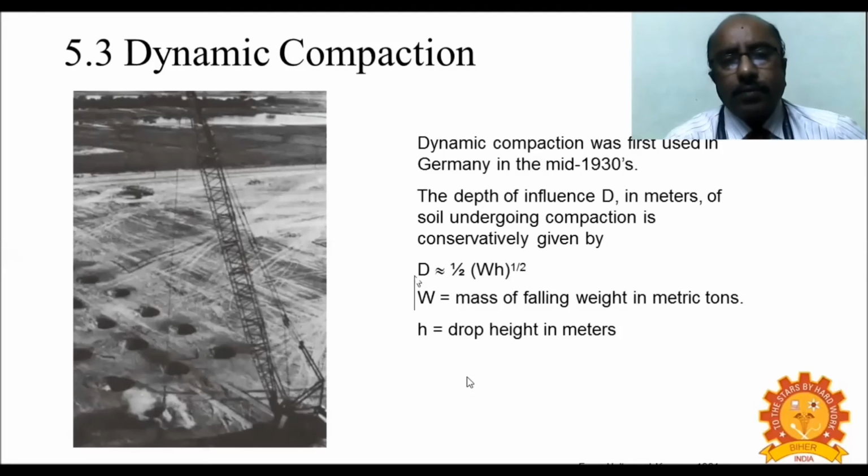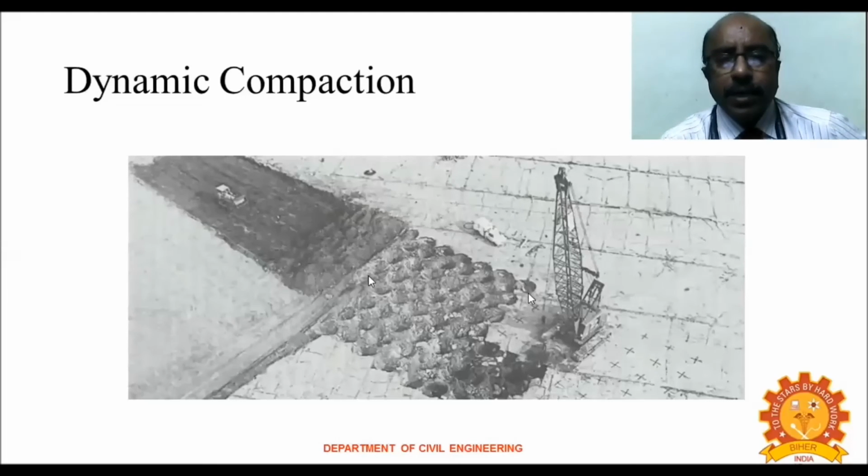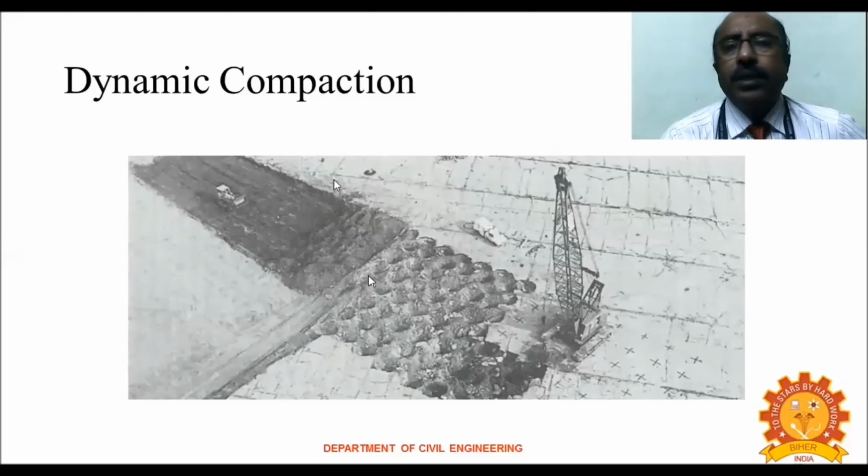So if you are able to find this, we can find the depth of influence. So this is how we can follow a grid pattern, and after this dynamic compaction, a roller or a leveler can be used to level the field, thereby achieving the compaction.